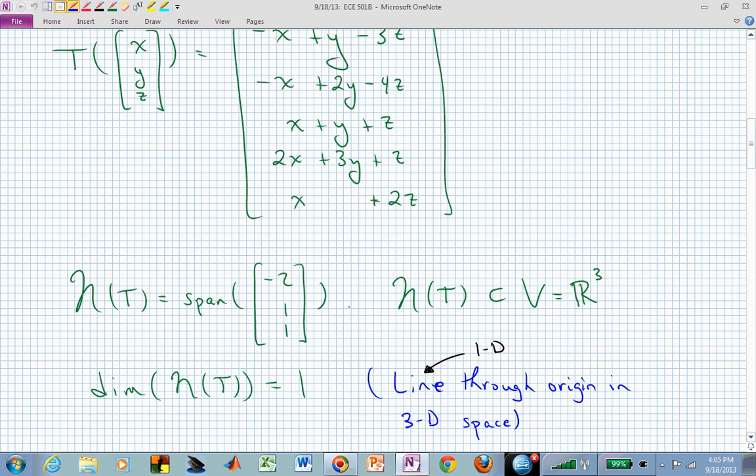That's all that's saying. The vectors on that line will map to 0 in R5.